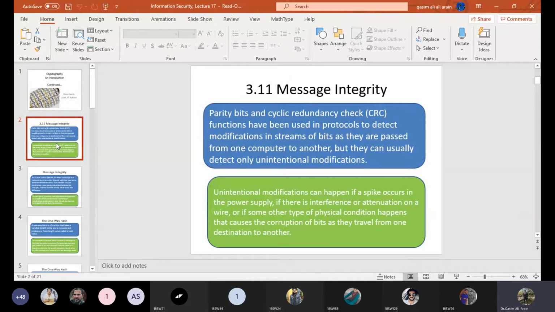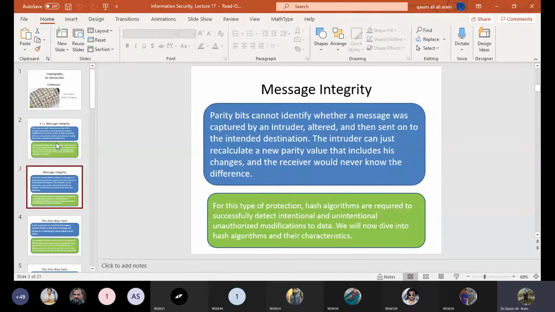No intentional modifications are monitored by such a mechanism. So how are we going to cope with intentional modification? We have to learn that in terms of message integrity, right?